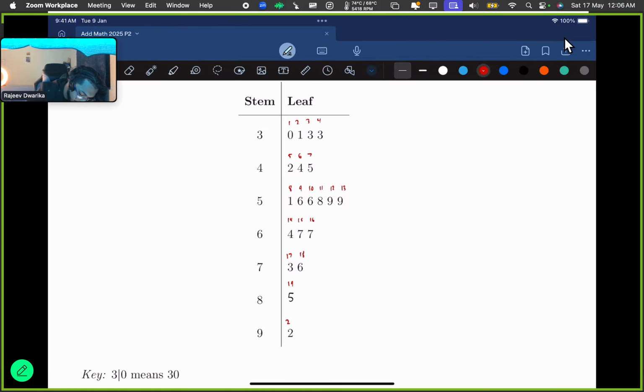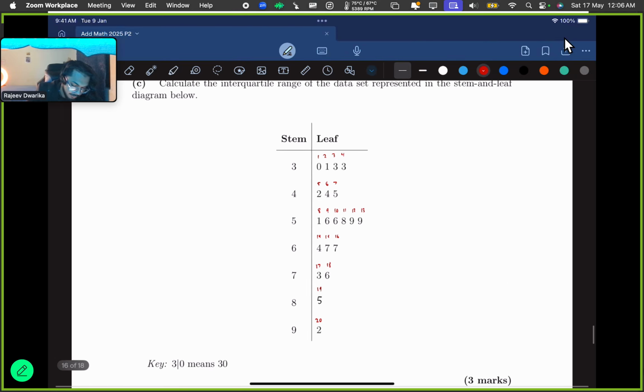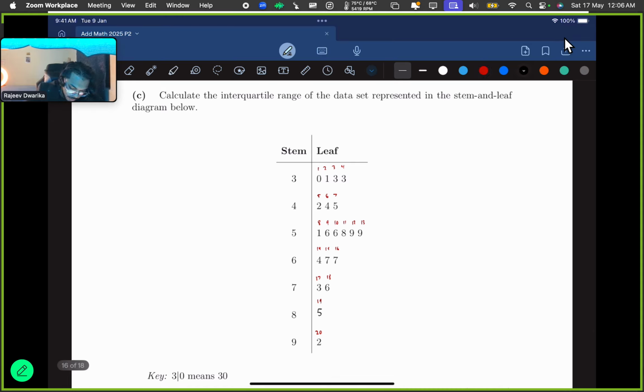So you have 20 terms. And if I want to figure out the interquartile range, I need to find Q3 and Q1, right? So three quarters of 20 is 15, and a quarter is 5, the 15th position and the 5th position.